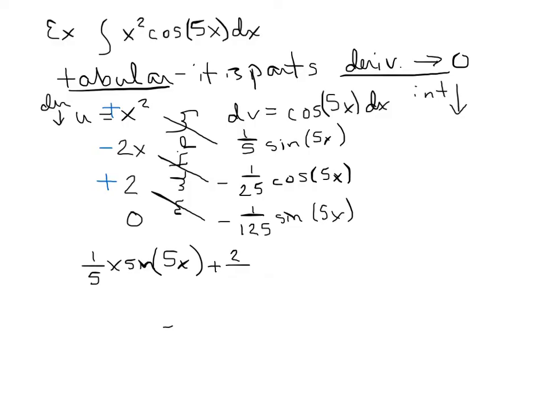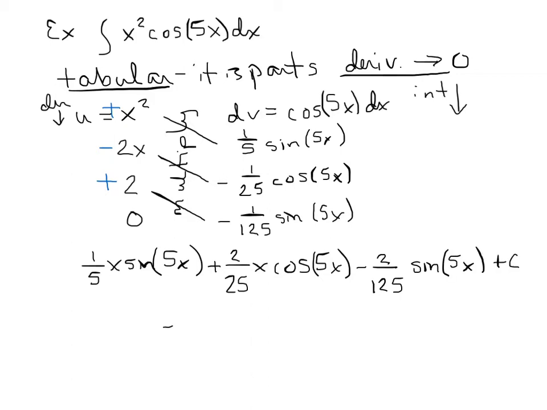I've got a 2 over 25 and then x times cosine of 5x. The next diagonal is multiplying 2 by negative 1/25 sine of 5x. So that's going to give us a negative sign there. 2 over 125 sine of 5x, and we add c and we're done.